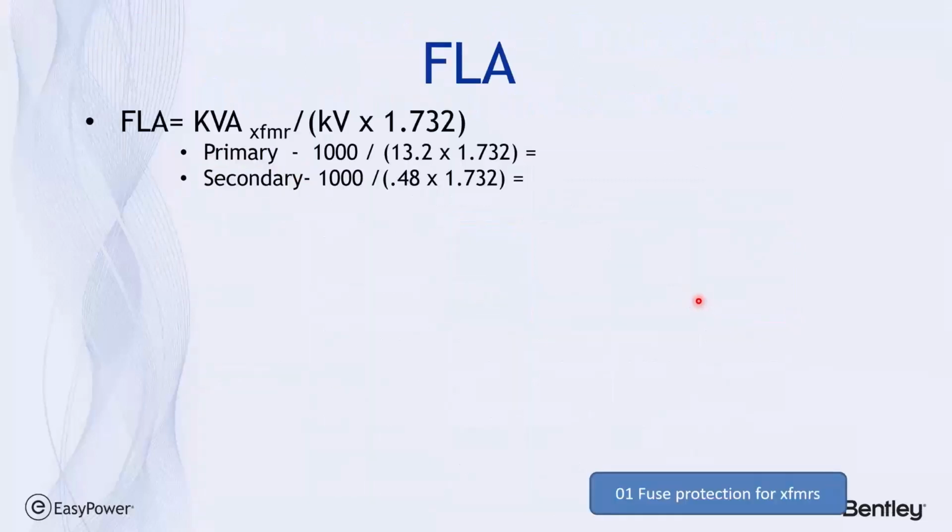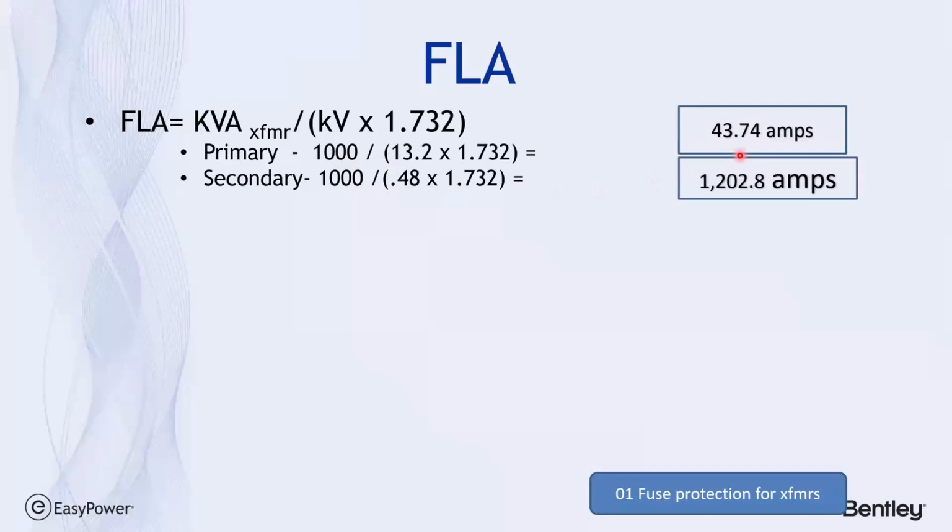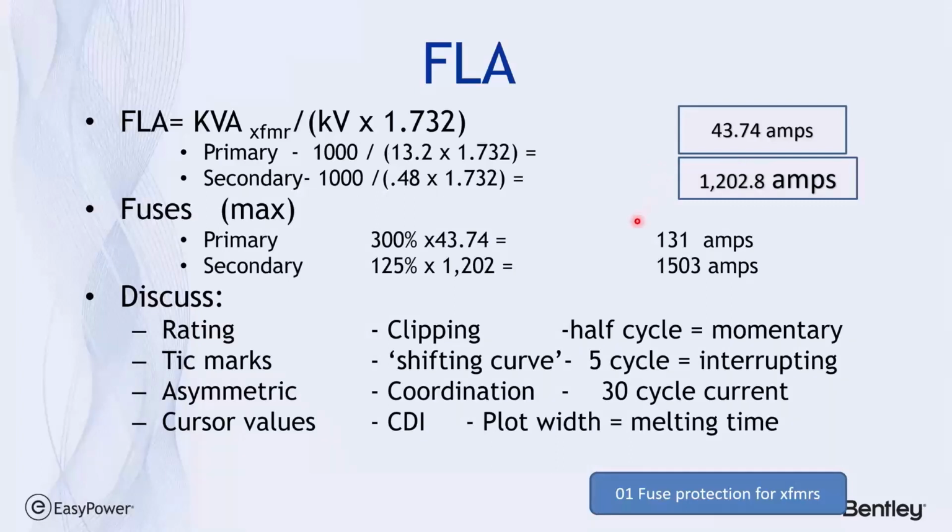So if we do a little math, the full load current for the primary is 43.74 amps. Full load current for the secondary is 1202. For primary fuse protection, we can go up to 3 times that current, which would be a maximum of 131.